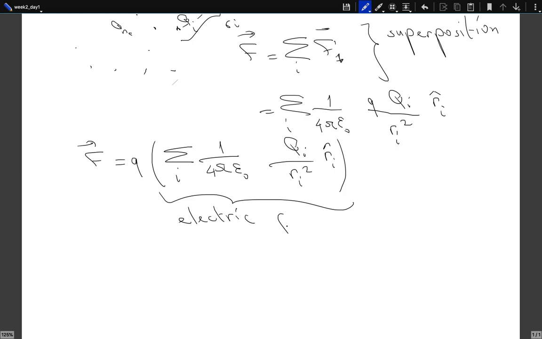This is the electric field created by the charges capital Qi.